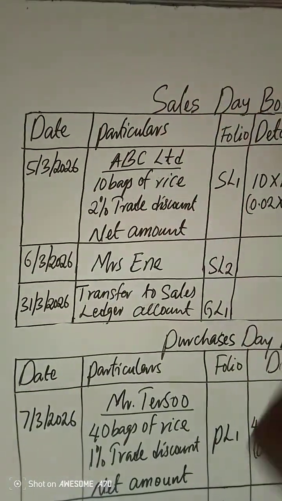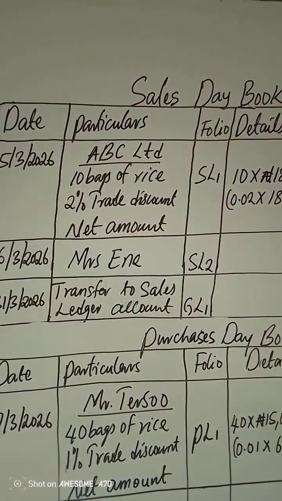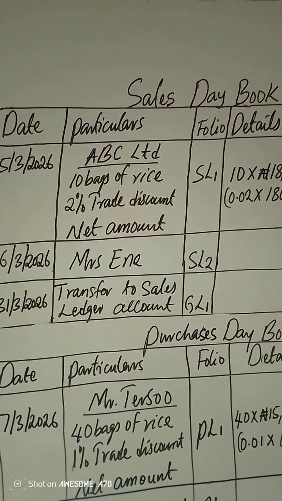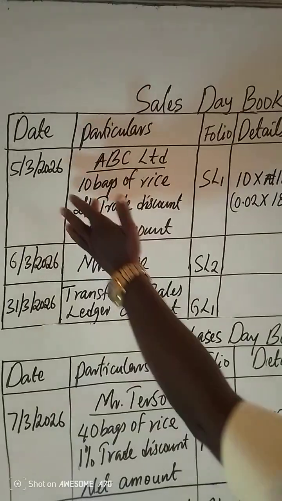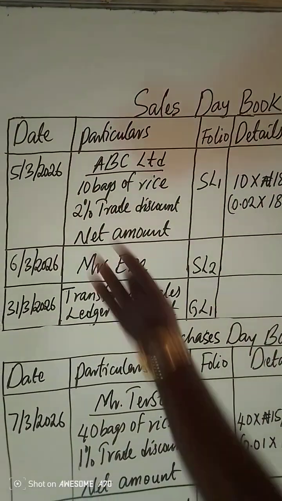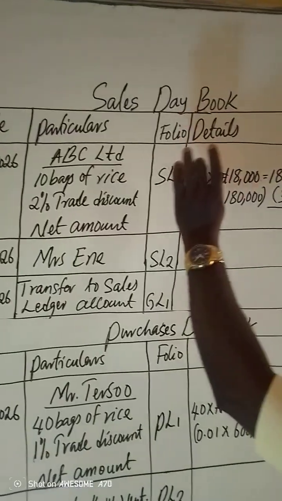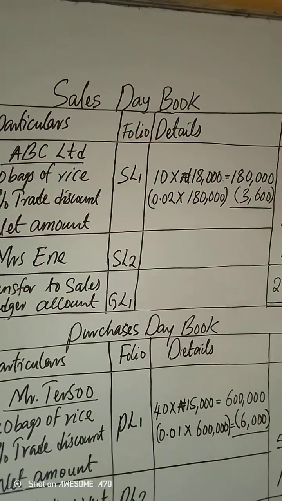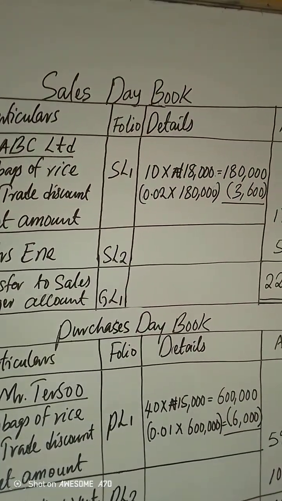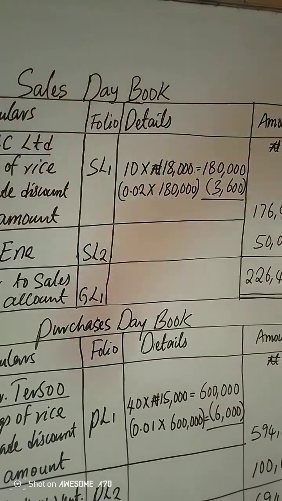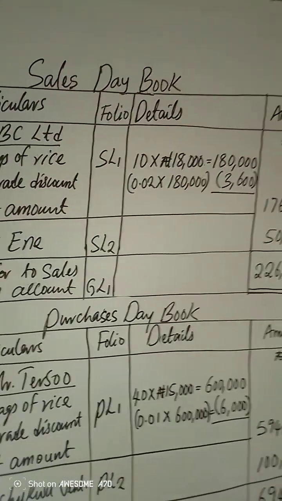Like here we have ABC Limited. Then you describe the transaction in very brief form. Like here, say 10 bags of rice, and then you say 2% trade discount. Then, I told you that this is where you use SL. I told you already I would bring out a video on how folio is used.